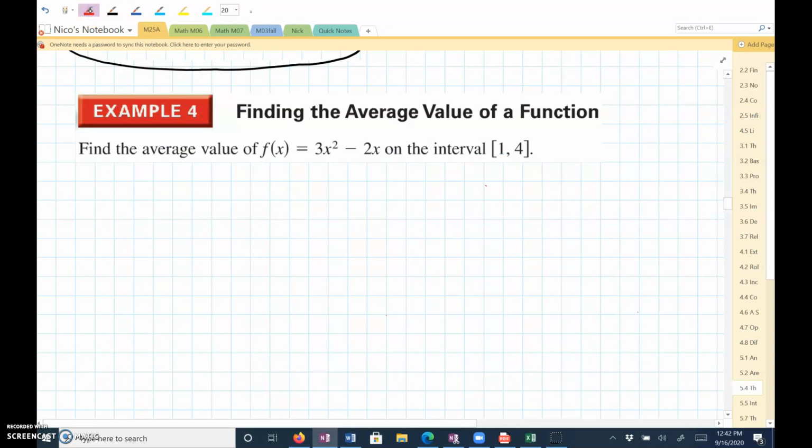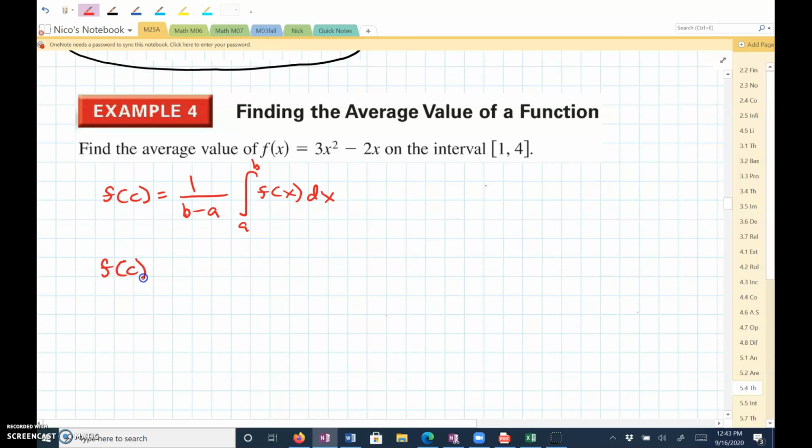Okay, let's try one of these. Find the average value of f of x equals 3x squared minus 2x on the closed interval. So to find the average value, f of c will equal 1 over b minus a, the integral from a to b of f of x dx.